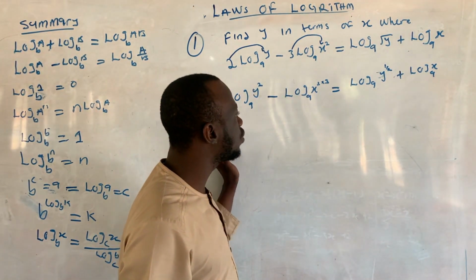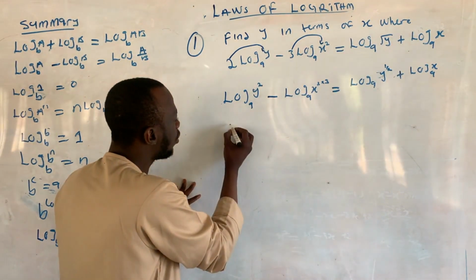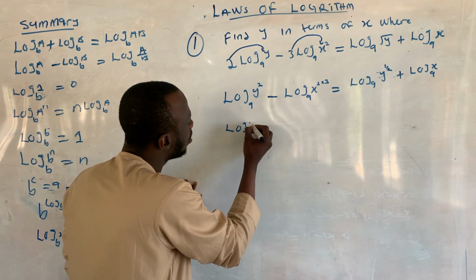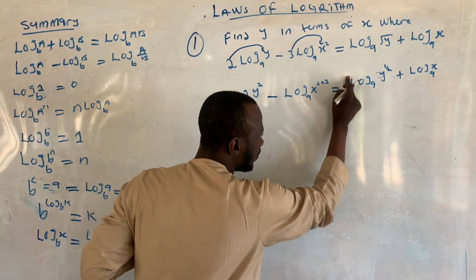Anything regarding x should go to this side, anything regarding y should come to this side. Now we have log y squared base a. This is supposed to be here.